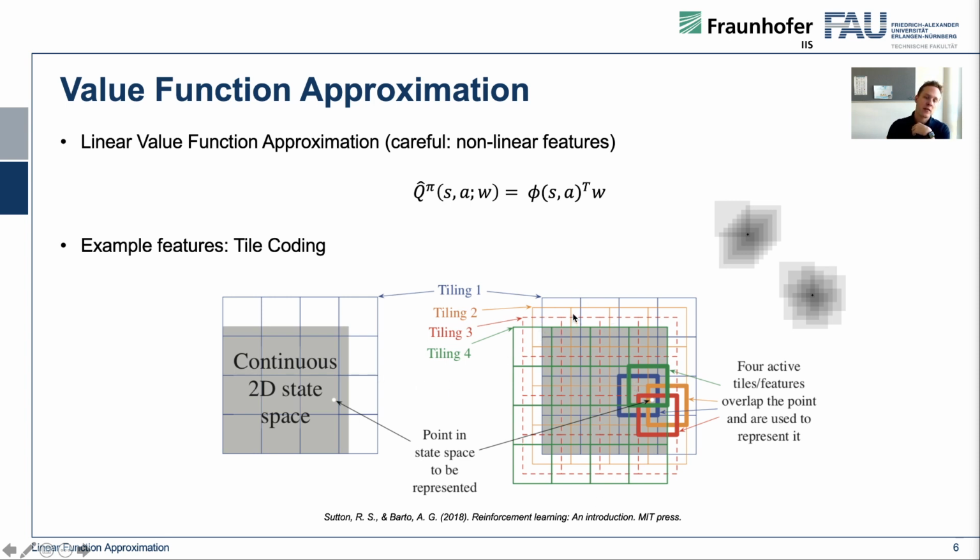So we move it: we have one tile, and each tile is a little bit moved over the state space. A point that is represented through a continuous position in the original 2D state space can then be approximated by a number of discrete occupancies in the different tilings.